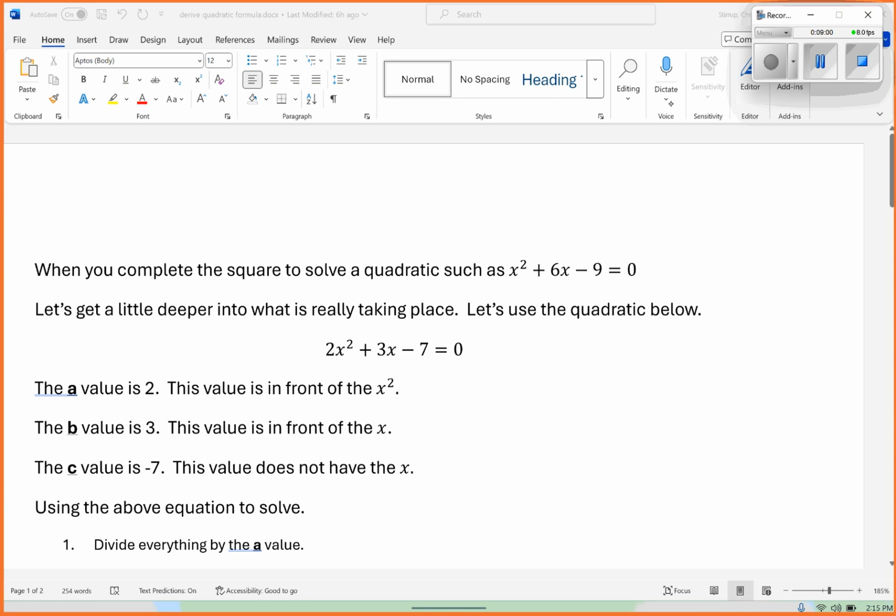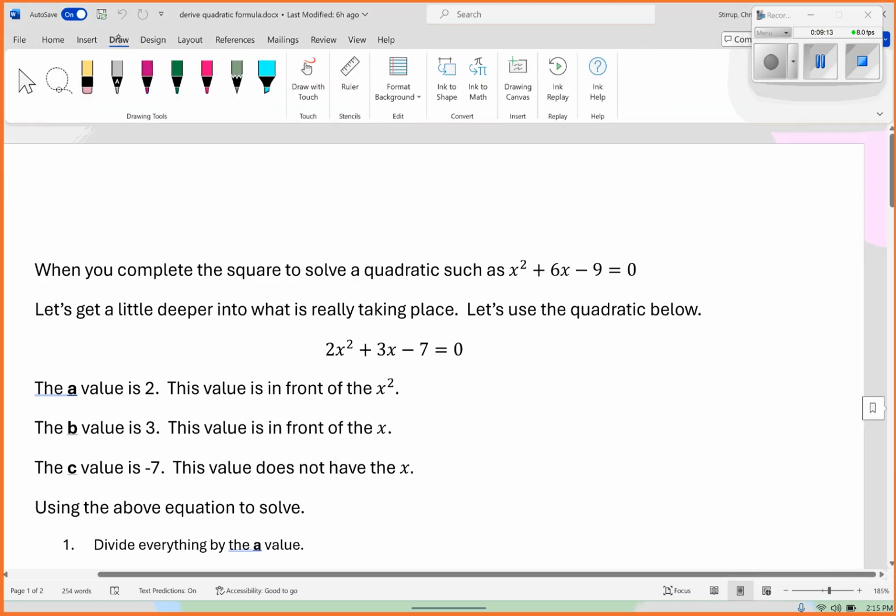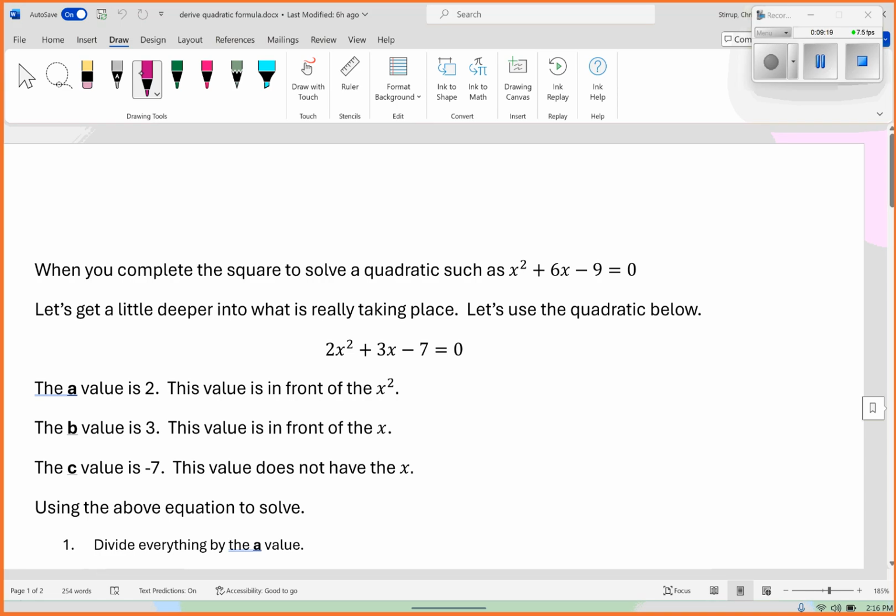What's different about that one than what we've been working on? Yeah, there's a number in front of x squared, right? This is the a value. The a value is 2.